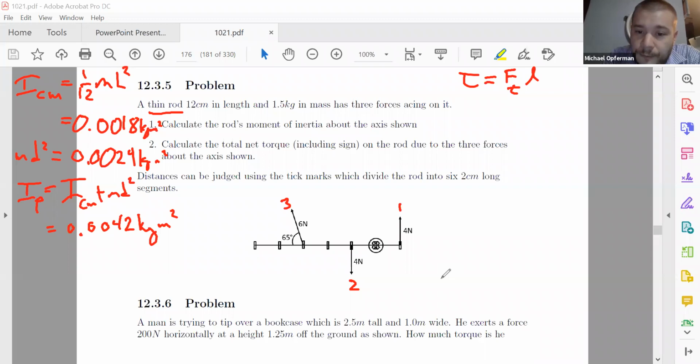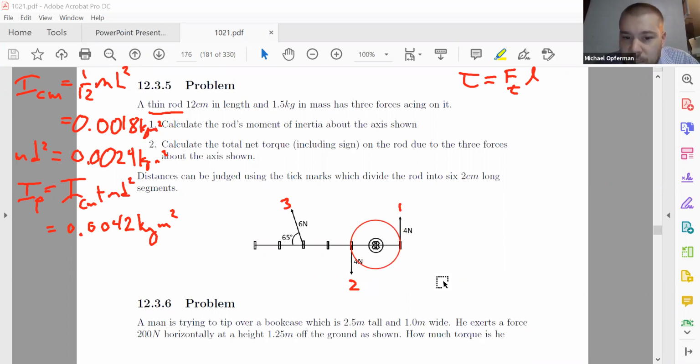For number one, let me try to do this step by step to be as careful as I can be. First, I want to draw a circle which represents visualizing the rotation of this thing. And that circle is going to look like this.